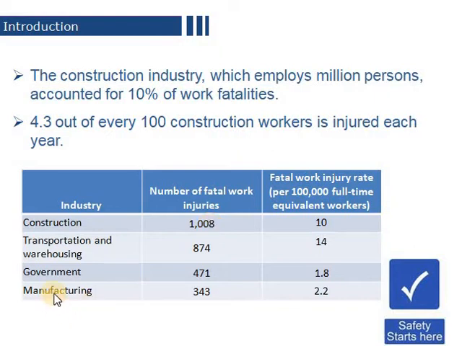And for the manufacturing industry, the number was 343. So you see, the numbers are still high. 4.3 out of every 100 construction workers is injured each year. That's why we are interested in safety engineering, to reduce the number of accidents that take place each year.